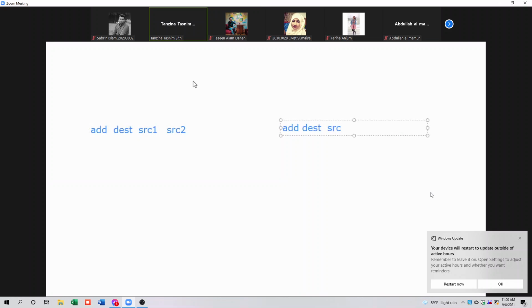Okay, so suppose you want to add these two data, 5 and 2. Where will you store these two data, 5 and 2? I mean the register, source 1 and source 2.